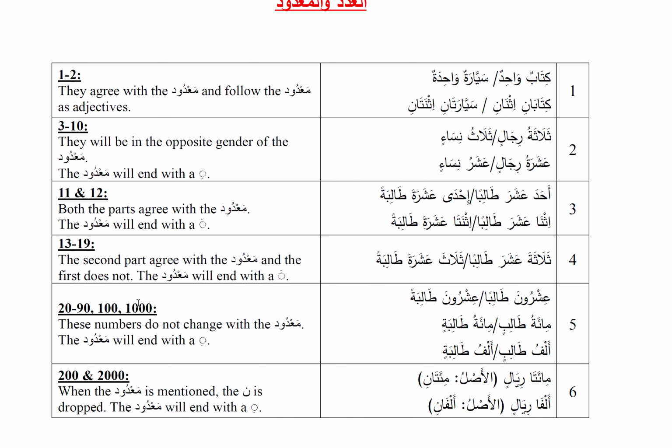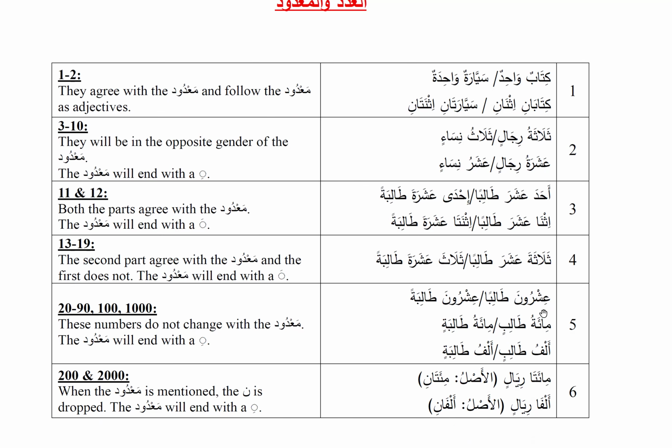For all of this, the numbers do not change with the ma'dud. The numbers like 20 and 30, 40. By the way, when they say 20 to 90, there's something we need to clarify here. They're talking about 20, 30, 40, 50, 60, 70, 80, 90. In this case, the number will be the same.